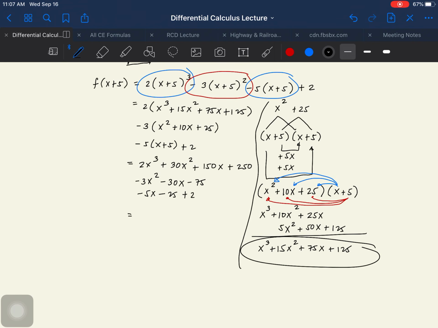Then don't forget plus 2. Simplify again. Okay, so how do you organize that one now? Well, if you're using just black ball pen, you can use different shapes for similar terms. Or if you're using ball pen with different colors, you can just circle the like terms with the color you like.